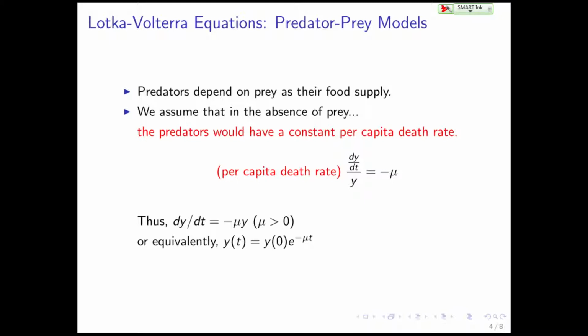in a consistent feature, the parameter that denotes the constant per capita death rate is the parameter of this exponential function, right?